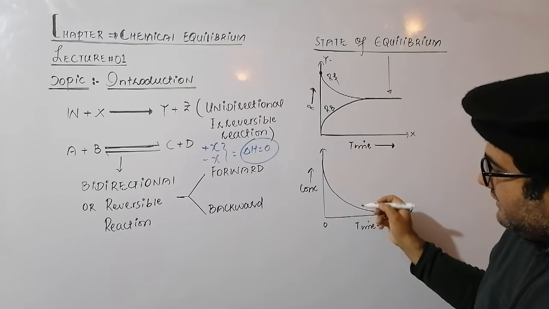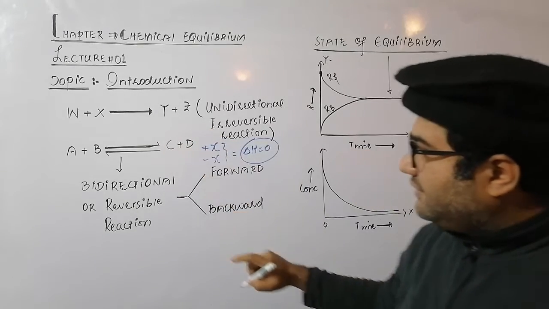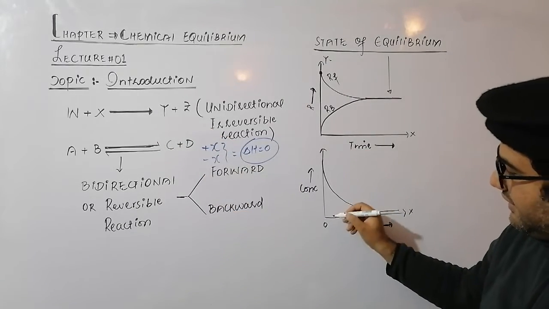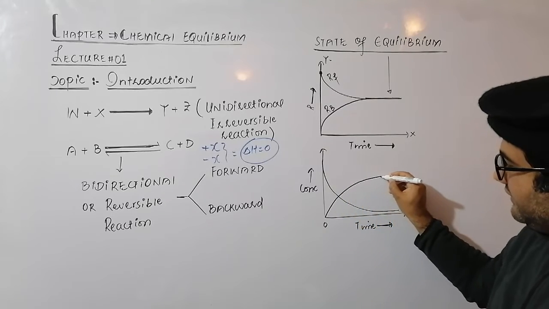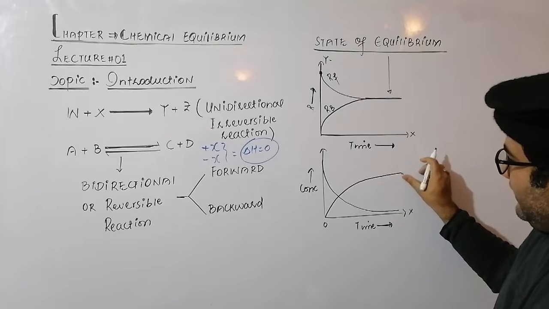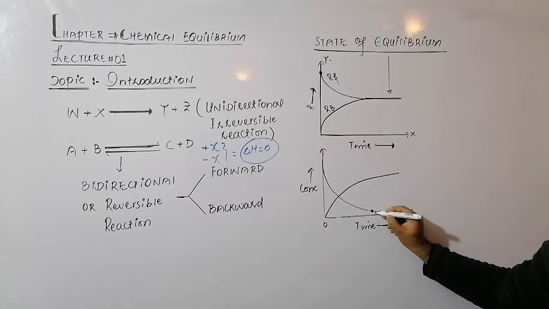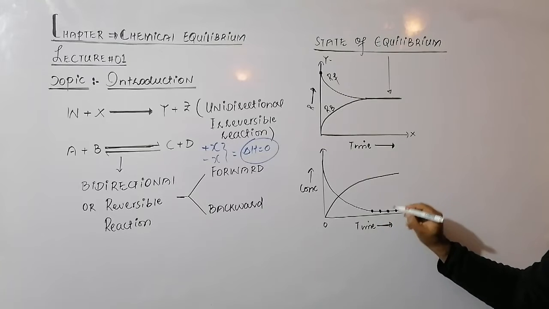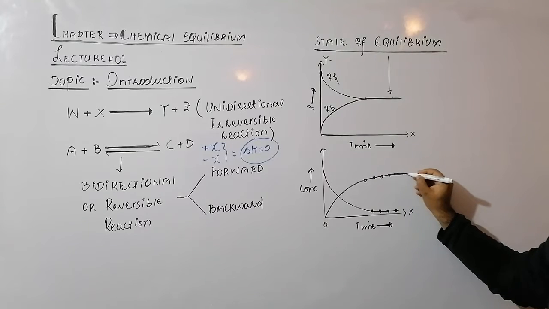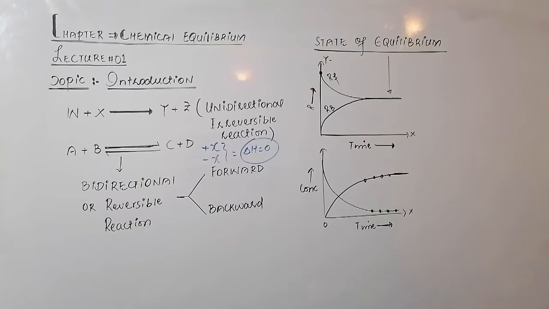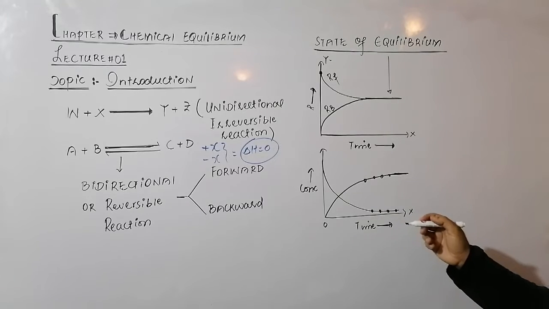At time 0 seconds, the concentration of products is 0, and as the reaction keeps moving in the forward direction, the concentration of products keeps on increasing. A stage comes when time passes but there is no change in the concentration of reactants or products, and both curves become parallel to the x-axis, and we say that dynamic equilibrium is achieved.